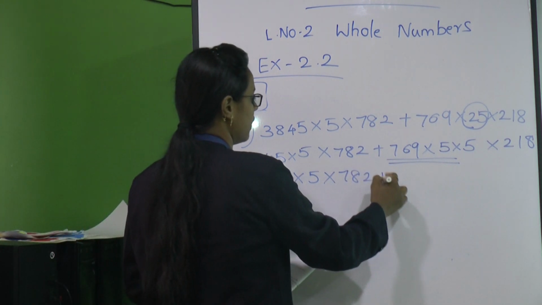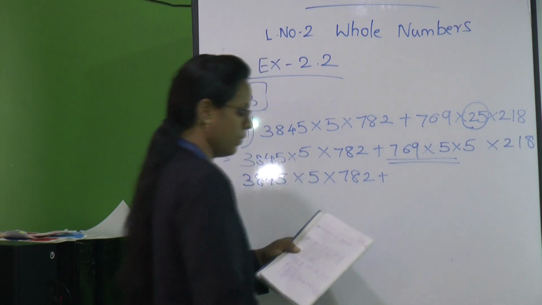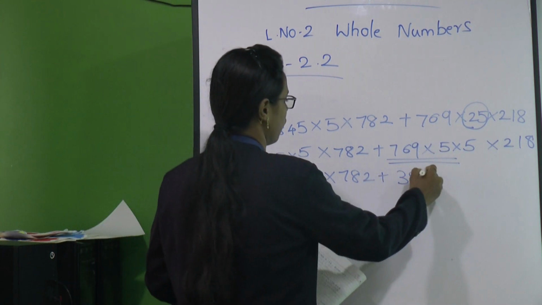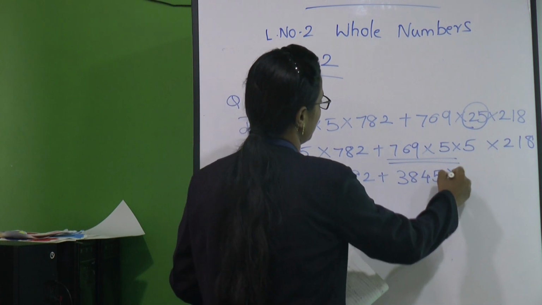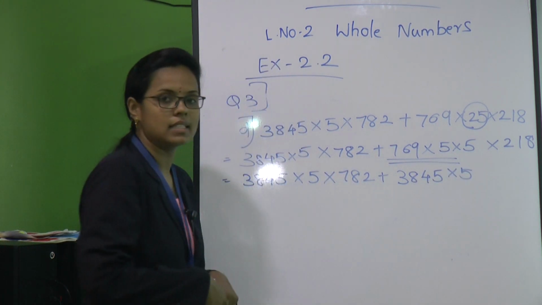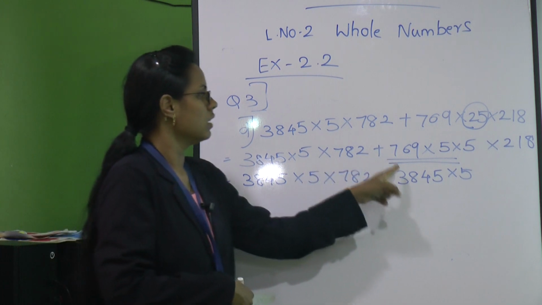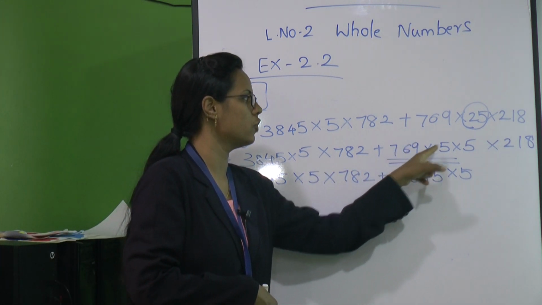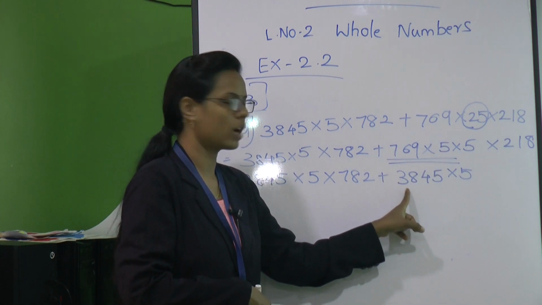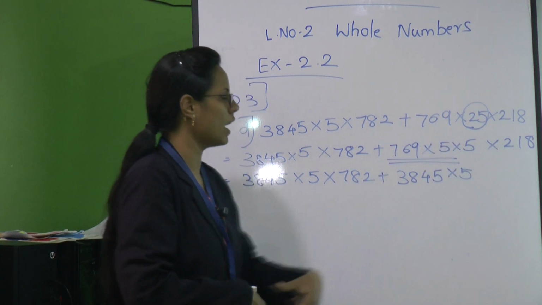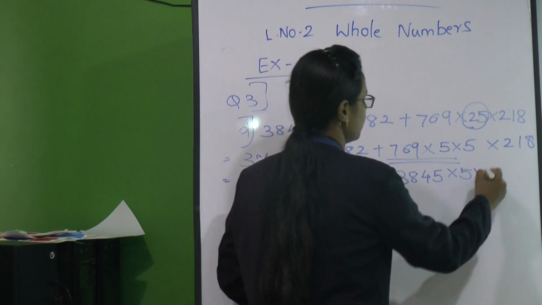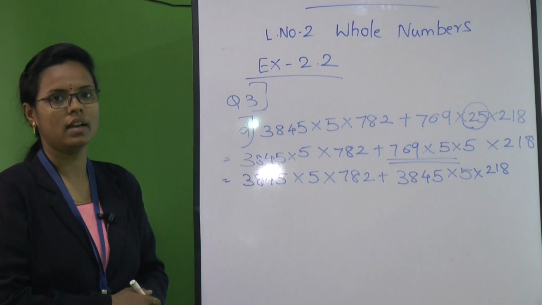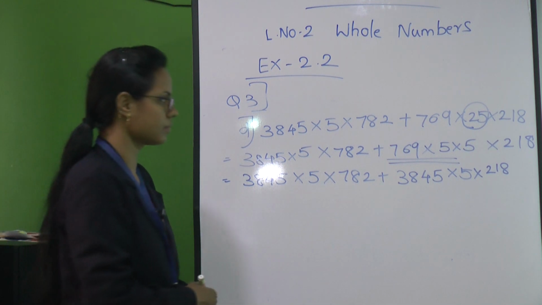Now 769 into 5, when I multiply this I get 3845. And remaining into 5 and into 218 and into 218.